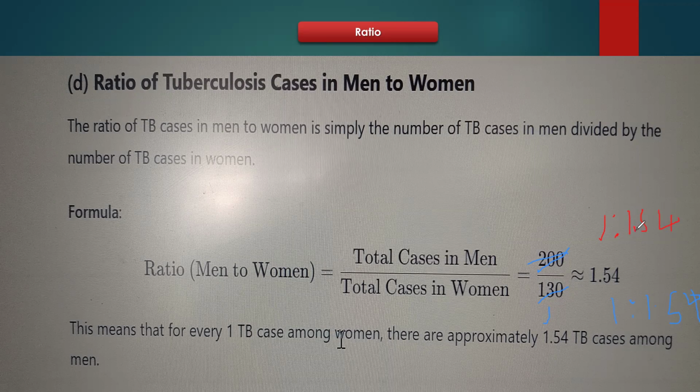So this means that for every 1 TB case among women, there are approximately 1.54 TB cases among men. So the final answer would now be, to every 1 case of TB among women, there is 1.54 or approximately 2 cases of tuberculosis among men.